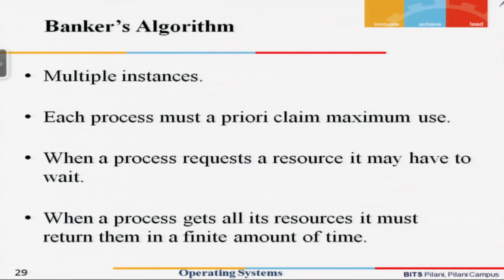So there is an algorithm which handles the scenario where we have multiple instances of resources, and this algorithm is known as the Banker's algorithm. The Banker's algorithm is characterized by multiple instances of resources, and as we saw in the previous resource allocation graph, each process must make a priori claim for the resources.